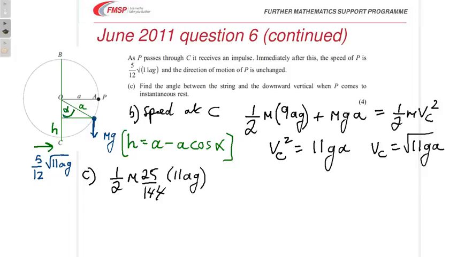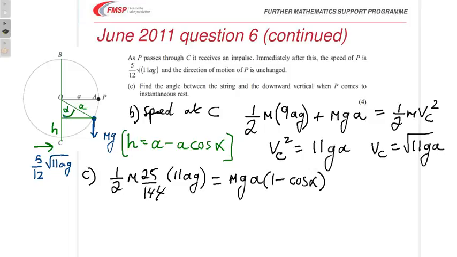As it comes up and eventually comes to instantaneous rest, all that kinetic energy goes to gravitational potential, mgh, using the h that I've got in green just above it.